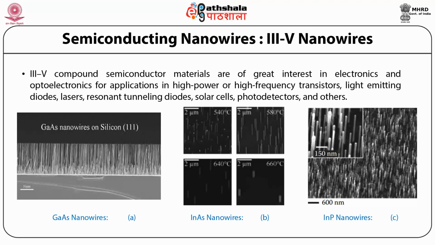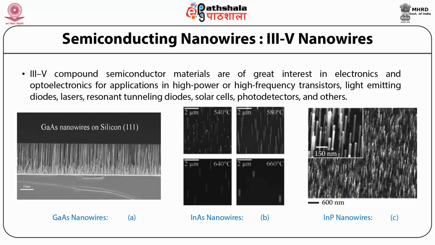It has been grown in nanowire form by laser assisted catalytic growth, molecular beam epitaxy, MOCVD, and template guided approach. These techniques will be discussed in detail in coming slides.